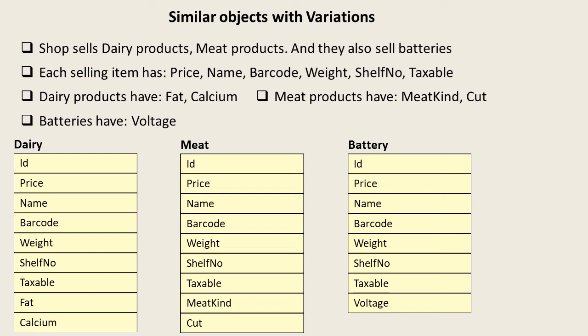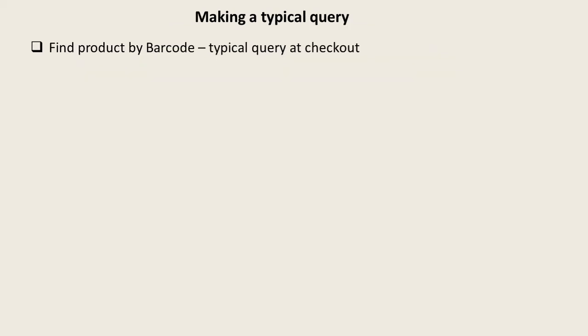Now, if you look at the column names in these tables, you see that they're almost the same. They have the same columns except for the very last ones. So how would we deal with this variety of tables? In dealing with all this series of tables, our main concern is always how we run our typical queries.